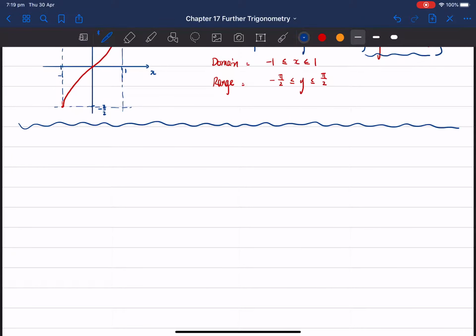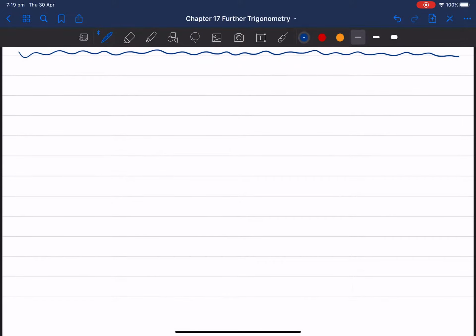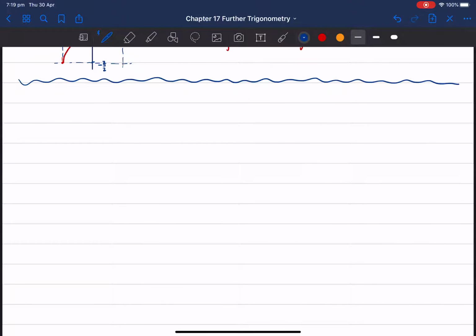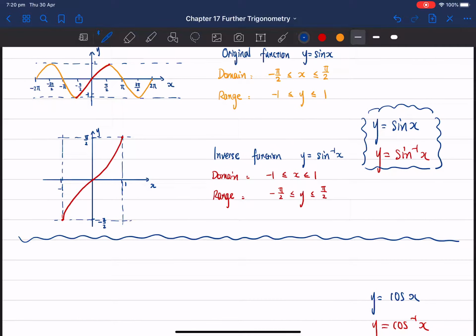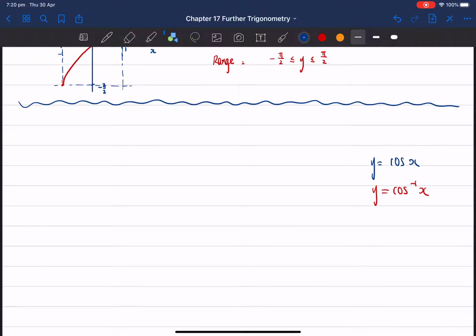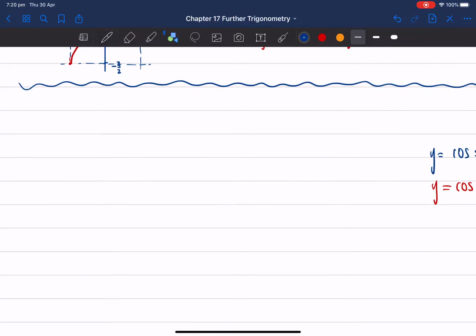All right, so the next one I'm going to do is y equals cos x and y equals cos inverse x. All right. So let's start to sketch y equals cosine x. It's just going to be the same as the sine x function, very, very similar. And let's sketch that first.